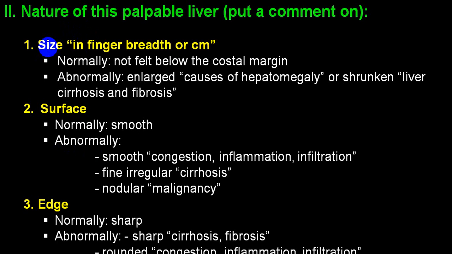The liver will be massively enlarged in severe congestive cardiac failure, acute hepatitis, amoebic liver abscess, pyogenic liver abscess, chronic myeloid leukemia, myelofibrosis, malaria, Kala Azar. There are a good number of conditions.